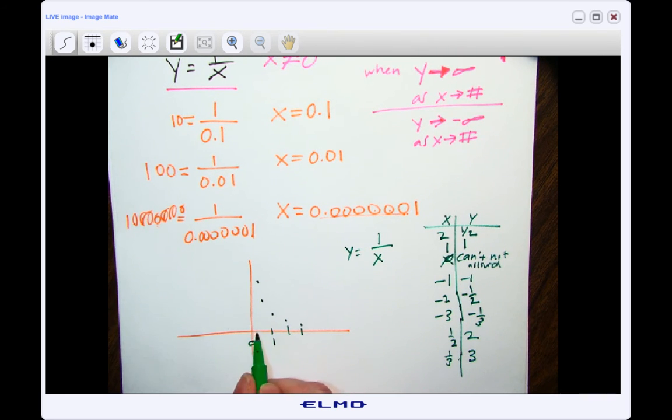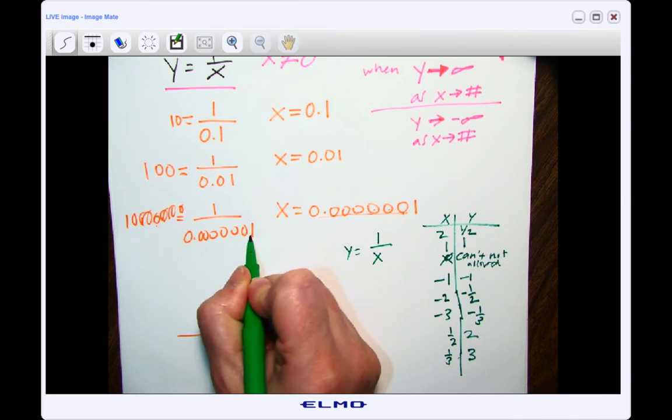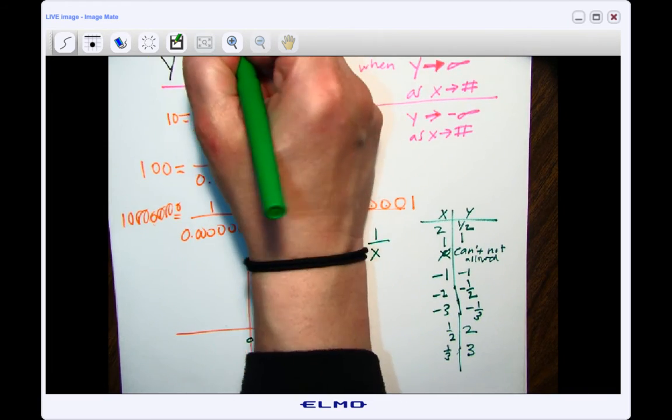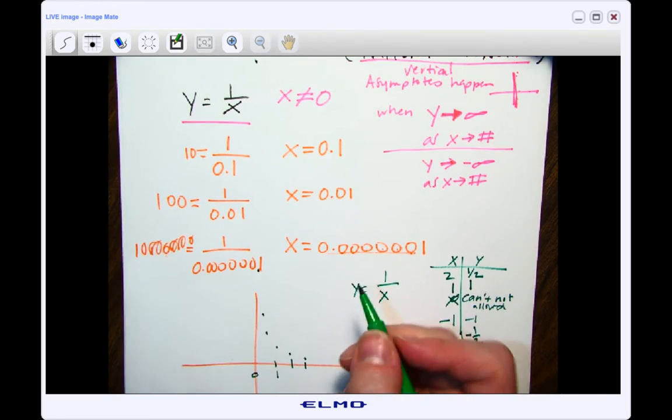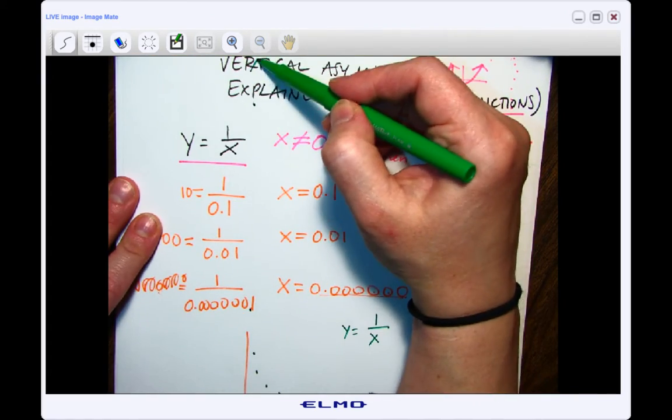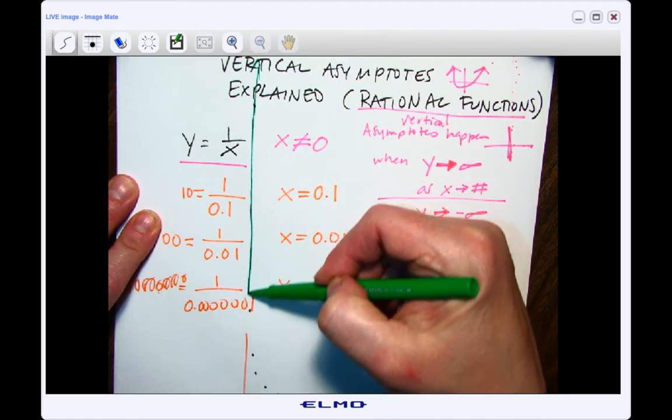And then as I get really close to 0, when I'm at a 10th, I'm way up here at 10. And when I'm here at 100th, I'm way up here at 100. And when I'm at this number, I'm way, way, way, way off the screen. I'm way, way close to infinity. I'm getting really, really huge.